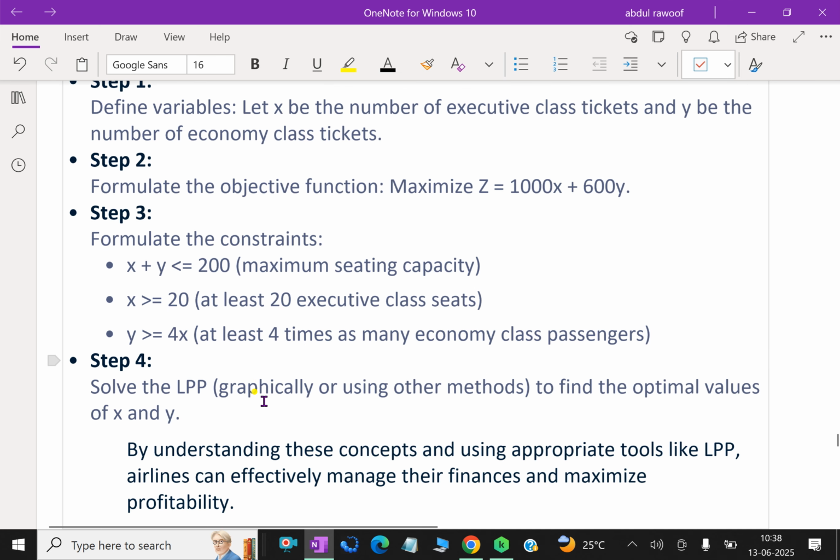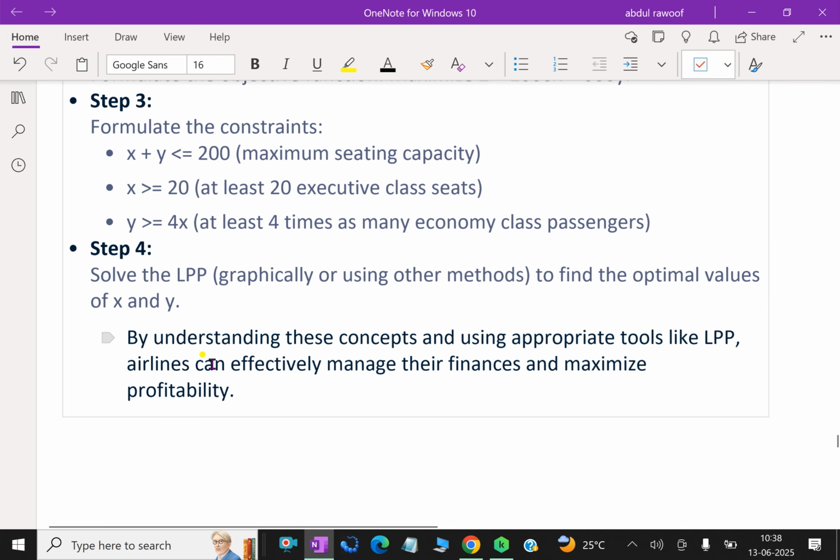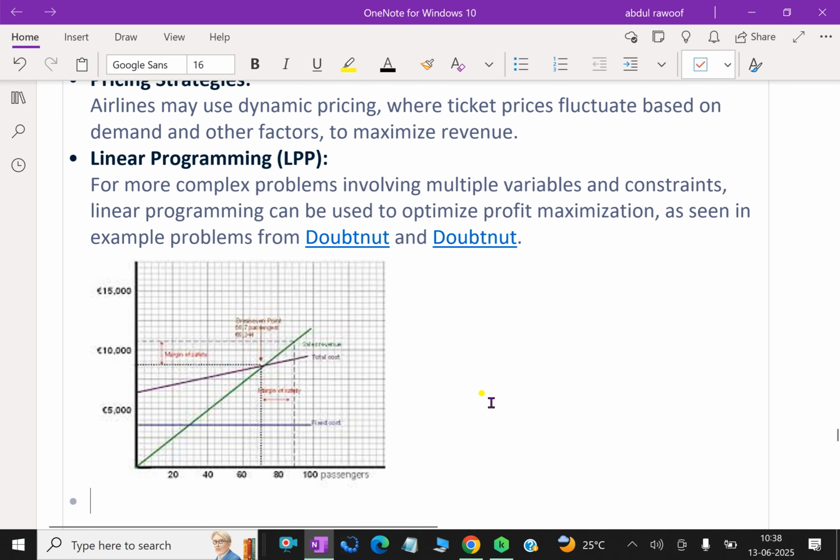Step 4. Solve the LPP problem graphically or using other methods to find the optimal values of x and y. Look at here. By understanding these concepts and using appropriate tools like LPP, airlines can effectively manage their finances and maximize profitability. Look at this graph.